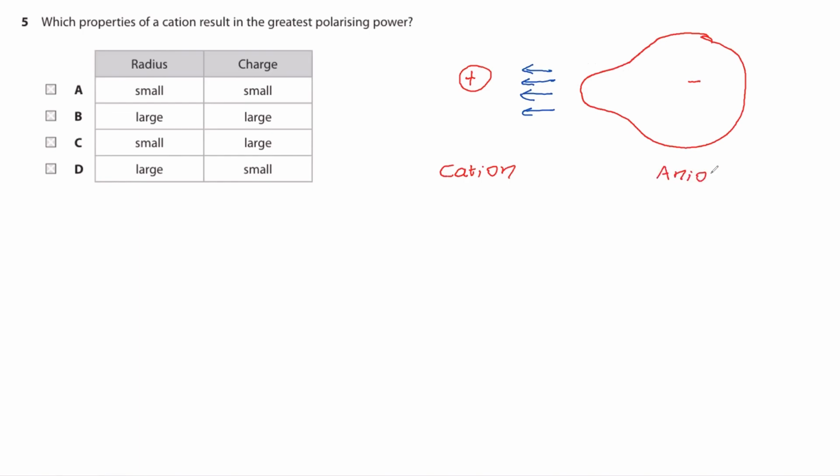First thing is both cation and anion should have greater charge, because more plus, more minus means their attraction is higher. So the cation should have greater charge. Anion should also have greater charge.